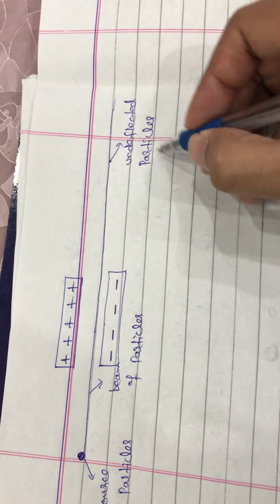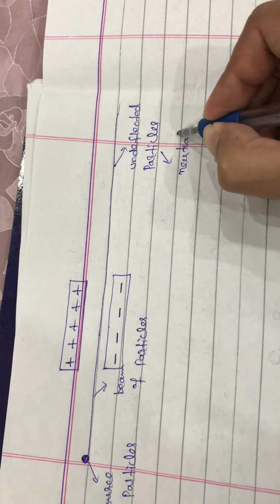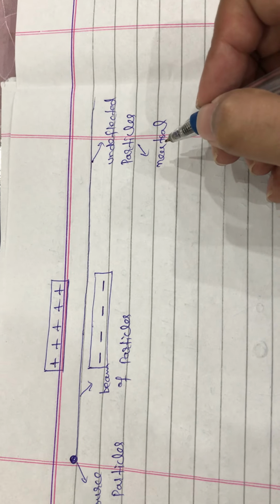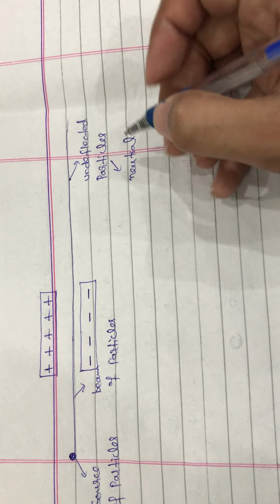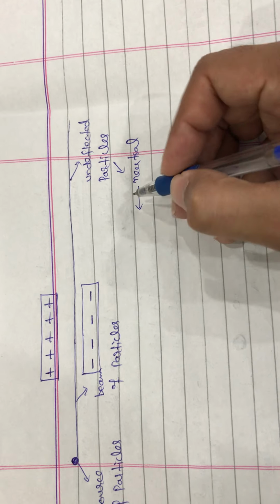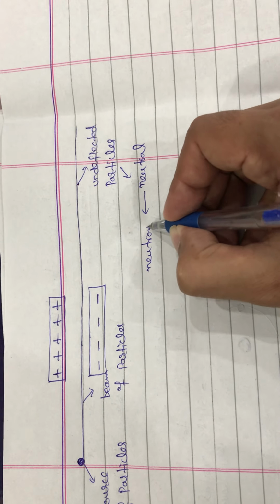So these undeflected particles are neutral. If they are neutral, it means that they are not affected by the positive or even the negative charge. If they are neutral, they can be the neutrons.